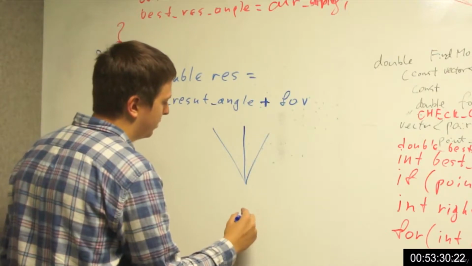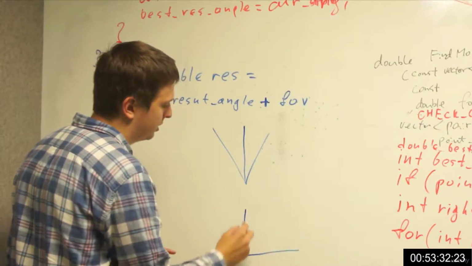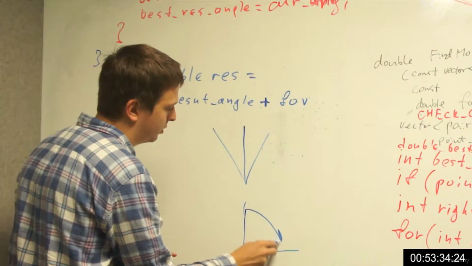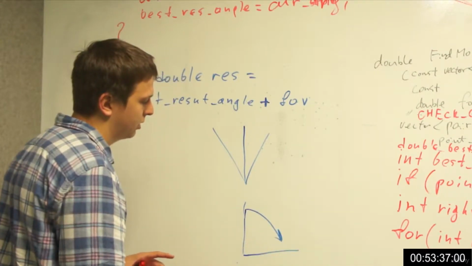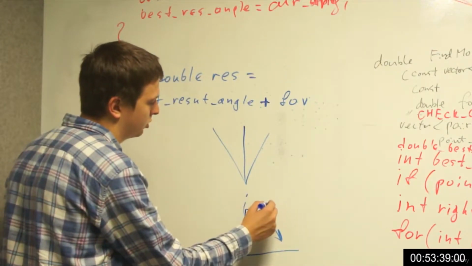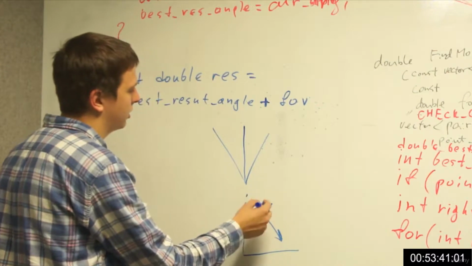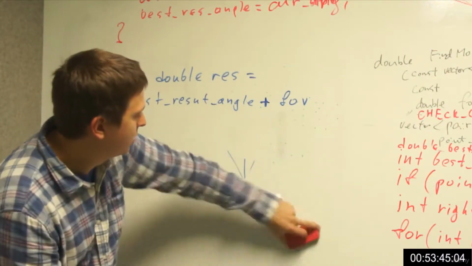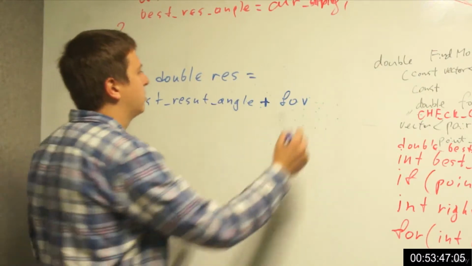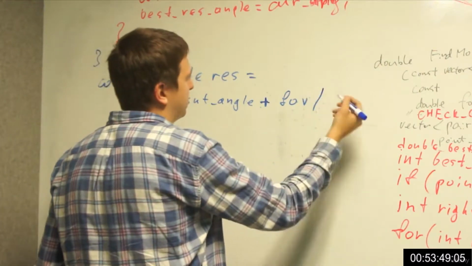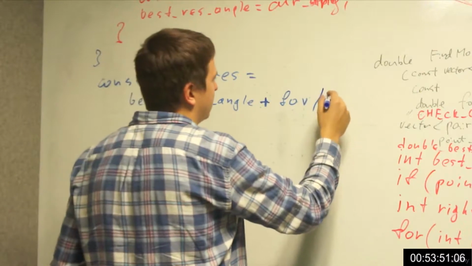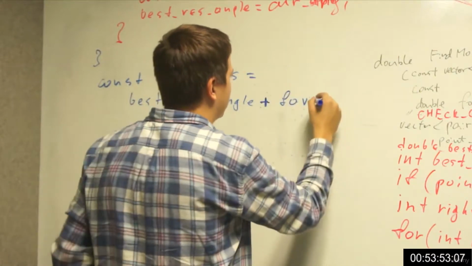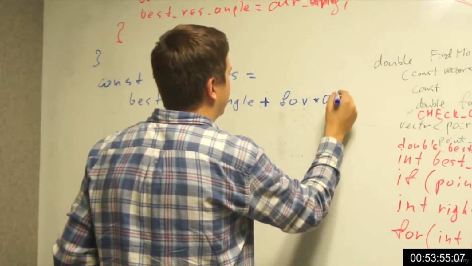So we found this one angle, and we know that in this case we can go. So we just need to add only half of field of view, right? So field of view divided by 2 or multiplied by 0.5. I guess it doesn't matter. Multiplied by 0.5.